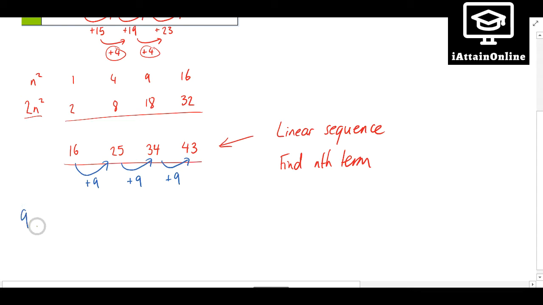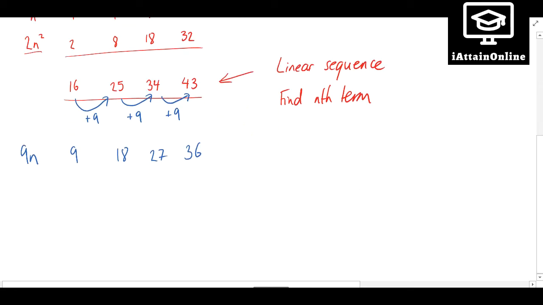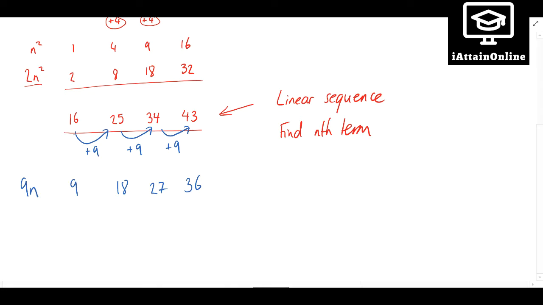So I'm going to write out my 9 times table underneath here. 9, 18, 27, 36. Now I still haven't got it: to get from 9 to 16, from 18 to 25, and for each of these I'm actually having to add 7 each time.